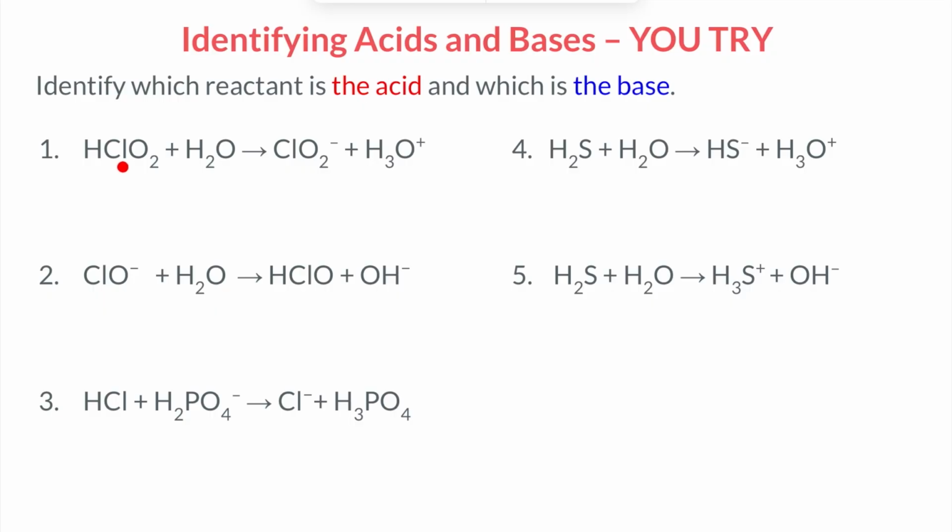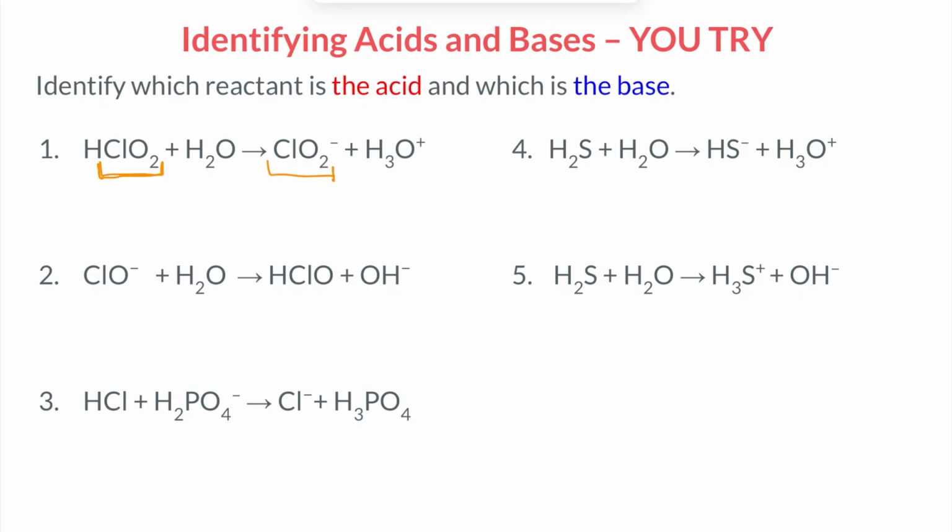So we have HClO2 and H2O. Both of them have hydrogens, so they could both lose or donate a hydrogen. They could also both gain a hydrogen. So let's look at comparing. And I always look at what comes after that hydrogen, that HClO2. Let's look at that ClO2.